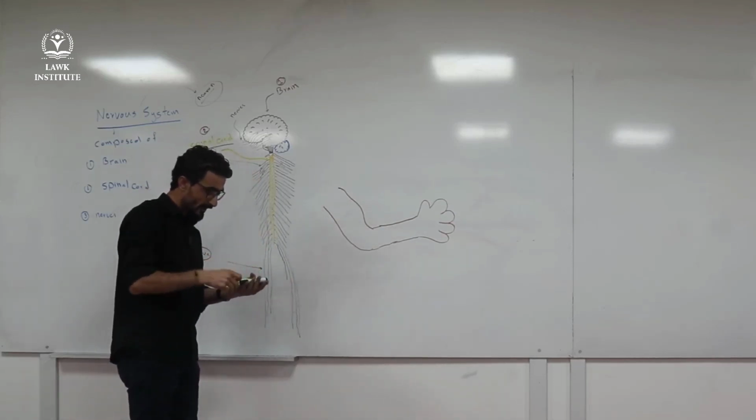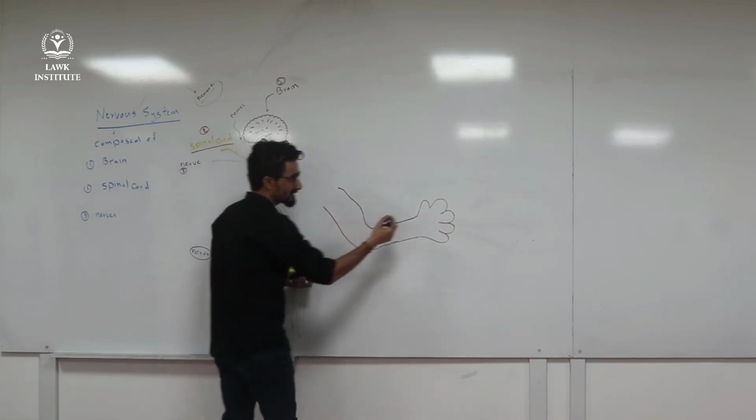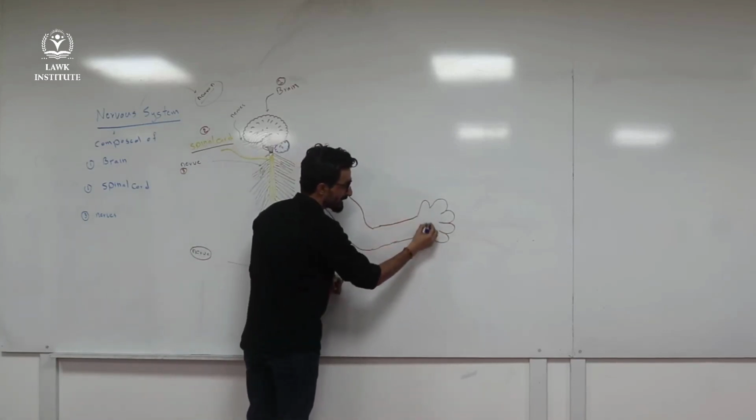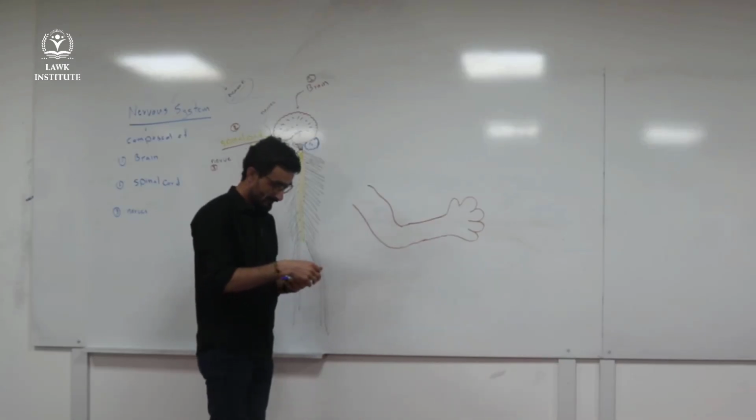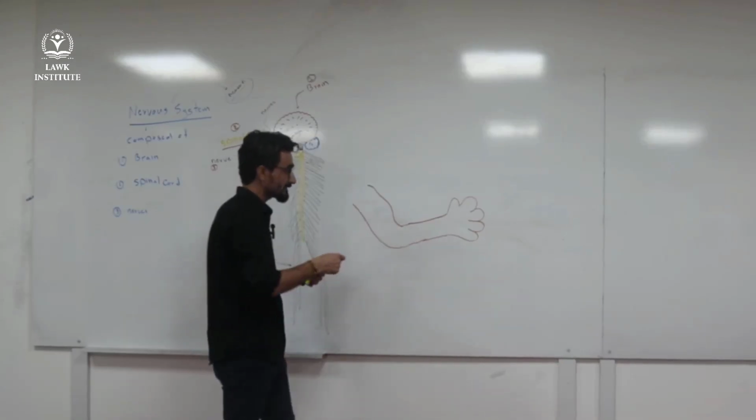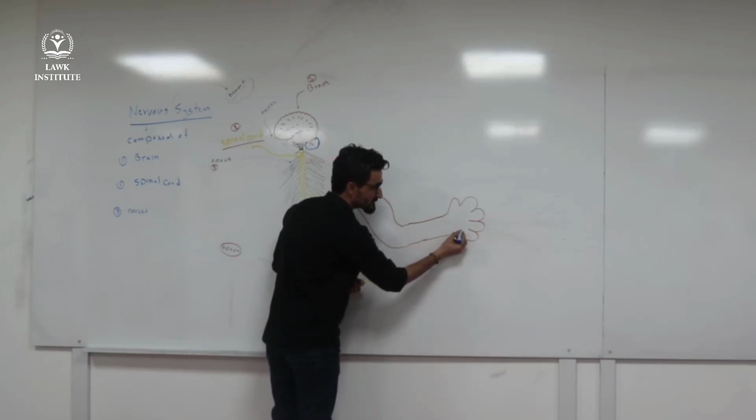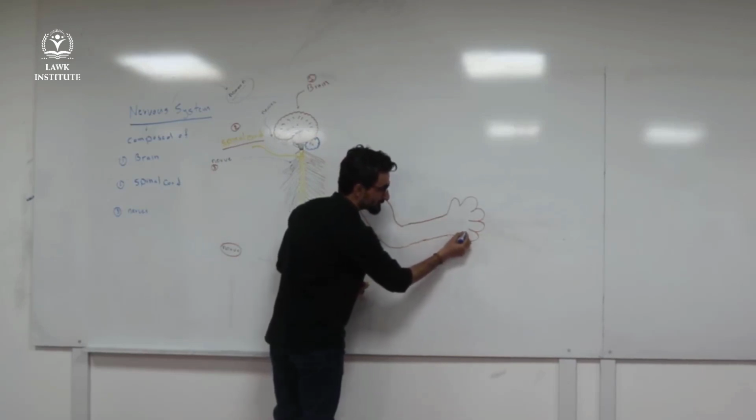Okay, inside your hand, assume that here we have a specialized neuron cell within your hand that's called a sensory neuron.